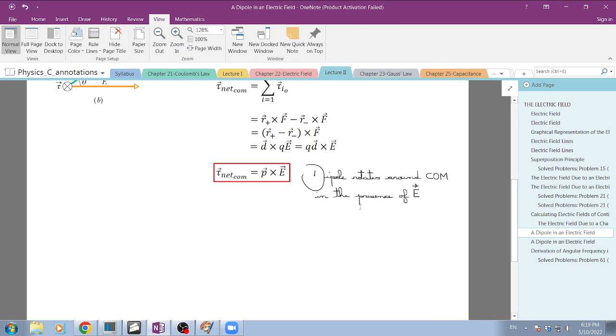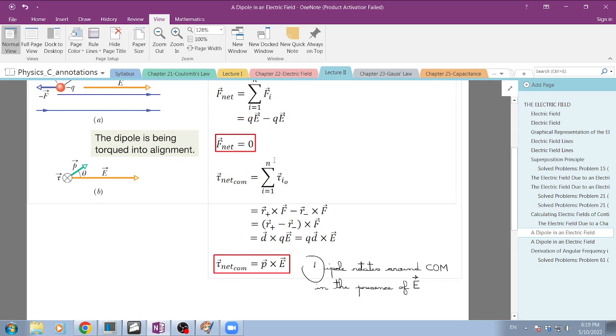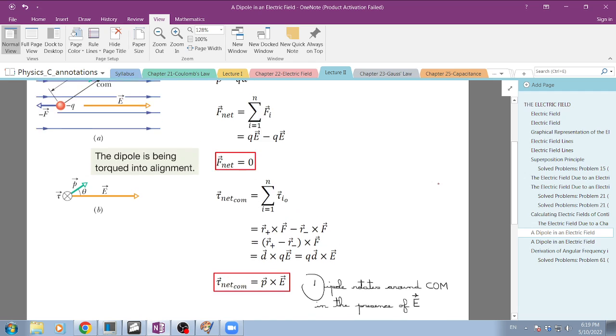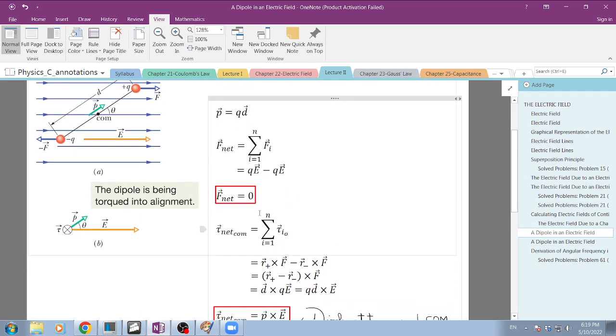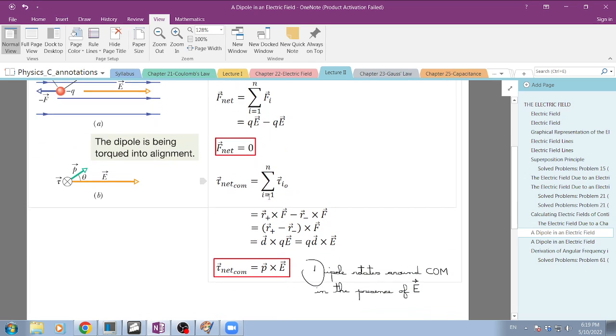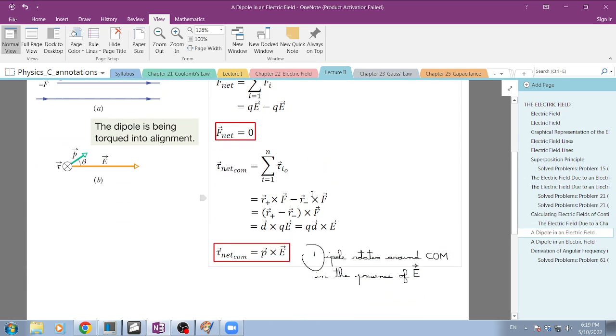What is going to happen is that this dipole is going to rotate. Clearly, you can see that the summation of the forces on the dipole is balanced. But the same is not true for the torques, and that means that the dipole is going to rotate.